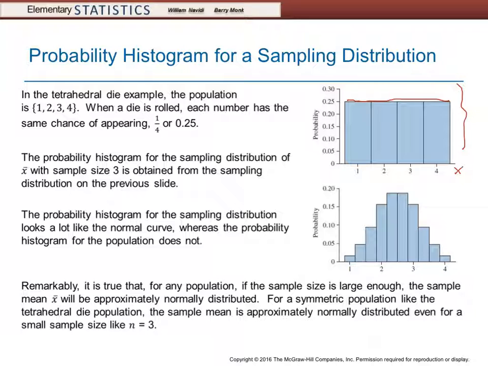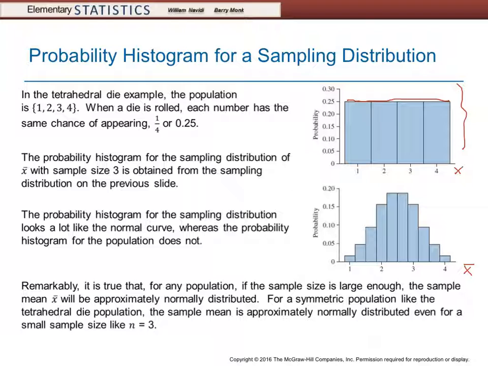Now, the probability histogram at the bottom here is for the random variable x bar, for the sampling distribution with a sample size 3 obtained from the sampling distribution on the previous slide. The probability histogram for the sampling distribution looks a lot like the normal curve, whereas the probability histogram for the population does not.